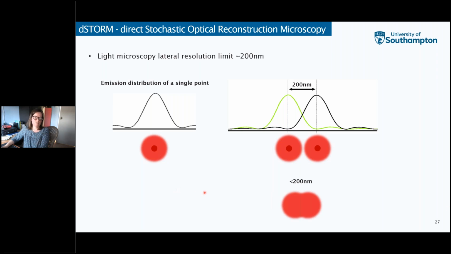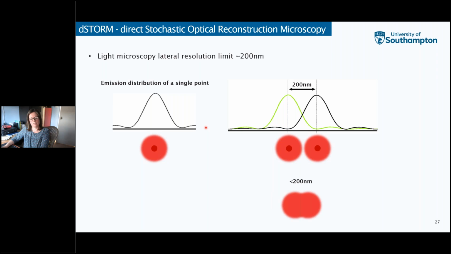So the reason that we need super-resolution is that the lateral resolution limit of the conventional light microscope is only about 200 nanometers. And in Z, the resolution is less, about 400 to 500 nanometers. So this limit occurs because, as we know, light travels in waves, and the emission distribution of an object is dependent on the wavelength of the illumination system.